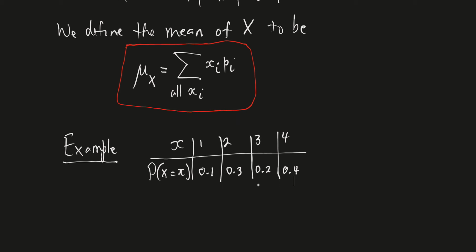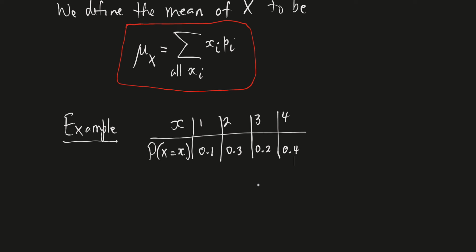And now let's compute the mean, right? So the mean of X, which in this case, since there's only one random variable in this problem, we could just call the mean, which is mu.